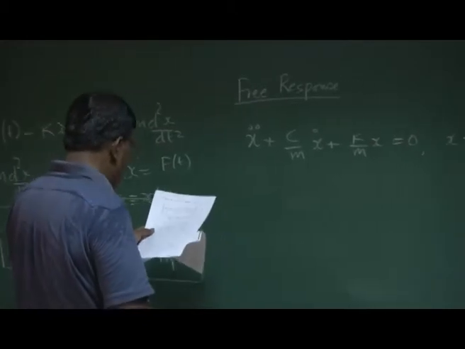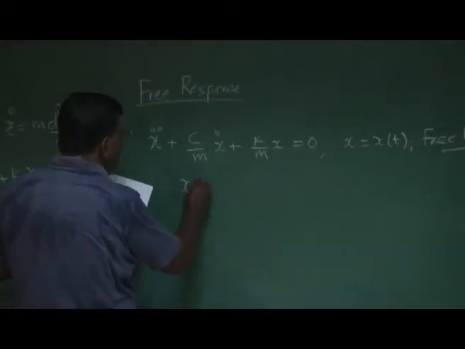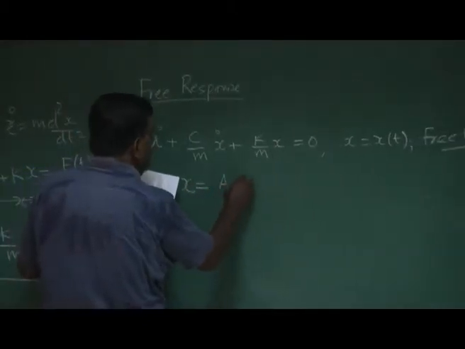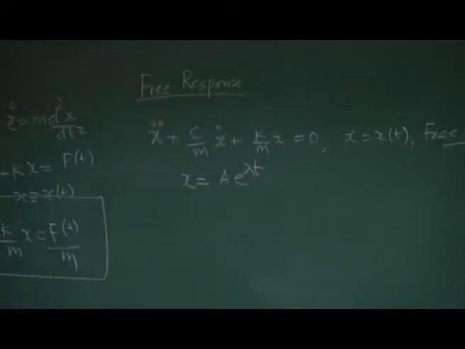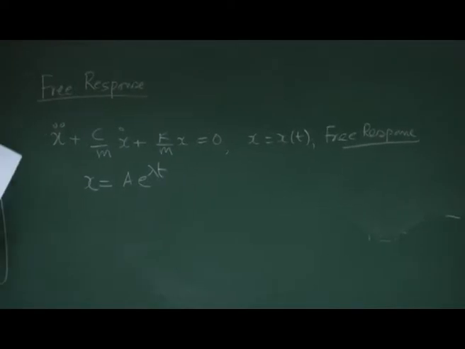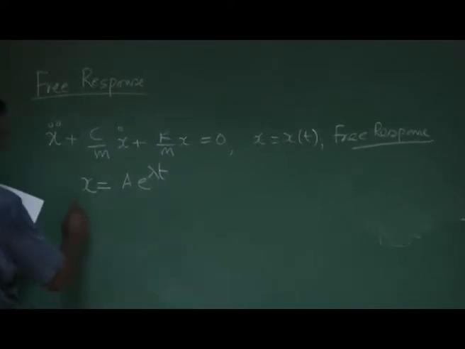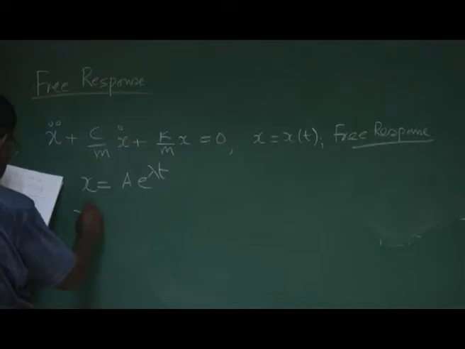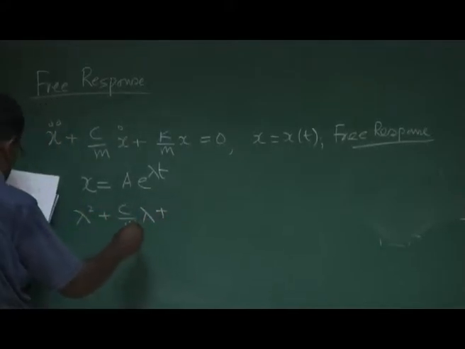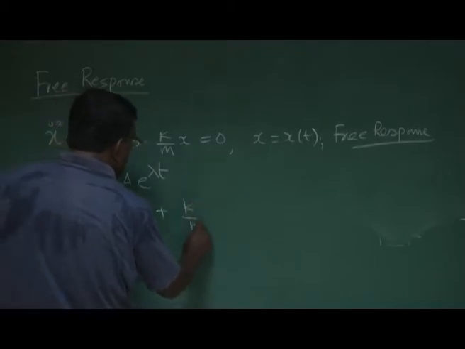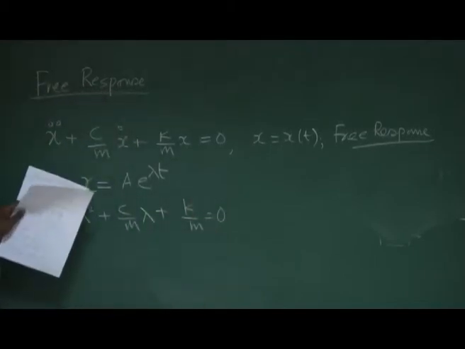Okay. If I do this, now you know for this sort of differential equation, x equal to e to the power lambda t is a possible solution, and if I put it here, I get lambda square plus c by m lambda plus k by m equal to 0. What have you done?